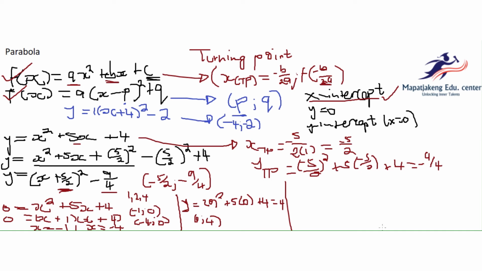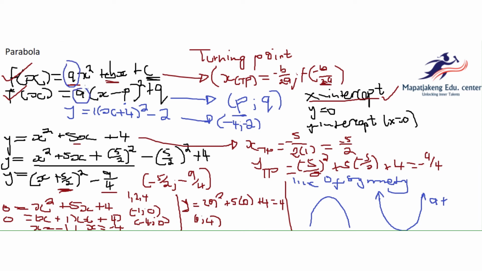Still waiting. If no question, then I can roughly explain the line of symmetry. It's very important. These are your parabolas. Here it's positive, it's a happy parabola. Whenever you see a parabola that goes like this, you just know that this a is positive.